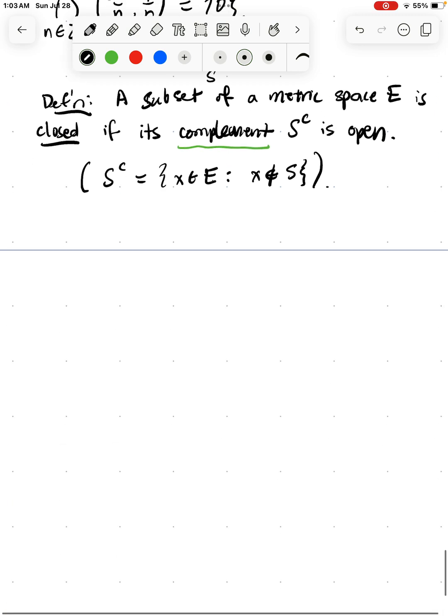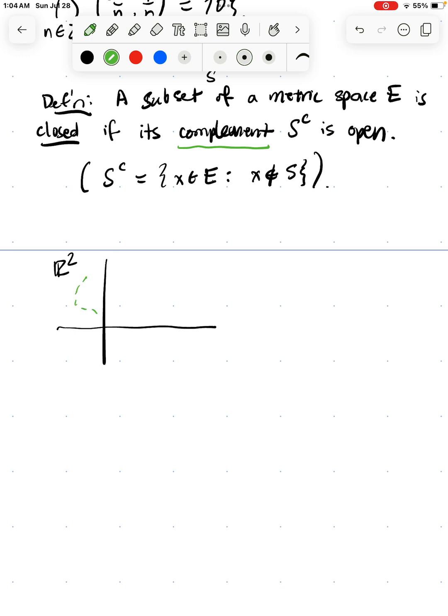So for instance in R2, you can have all the points here. This would be open, and you can have a closed set like this. This would be closed.